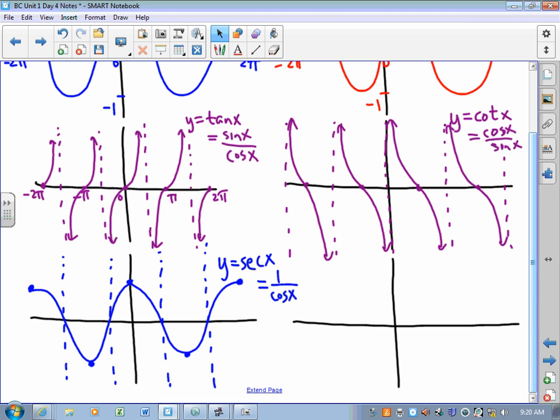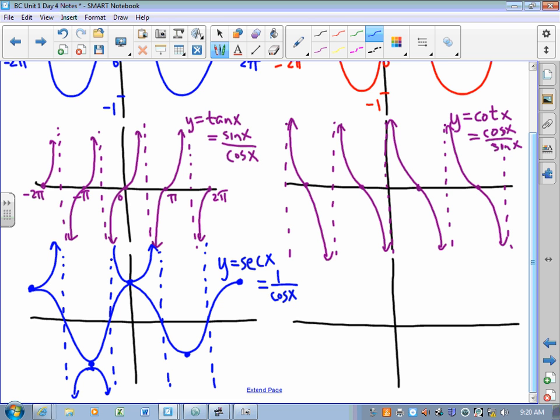One more thing. Cosine values have absolute values between 0 and 1. They are what we commonly call fractions. So when you take the reciprocal of some fraction that's less than 1, you get some number that's bigger than 1. And so the secant graph lives outside of the -1 to 1 window.